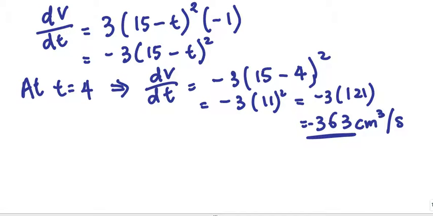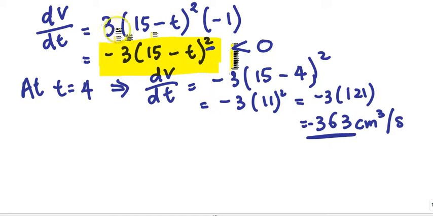The negative sign implies that the volume of the water in the tank is actually decreasing. In fact, if you look at dv over dt, you can realize that it is always less than 0, because of this square here. We have something squared, so this is always positive, but multiplied by negative 3, you have something that's always negative.